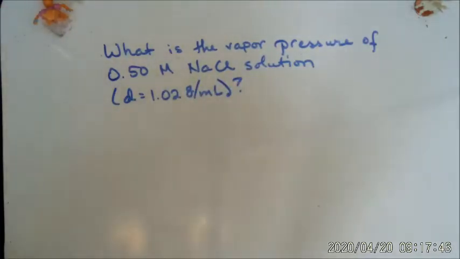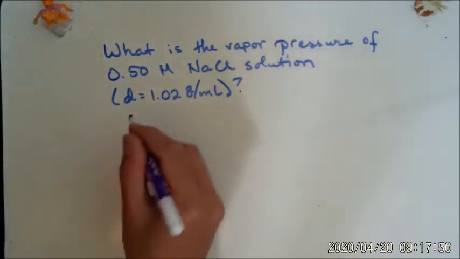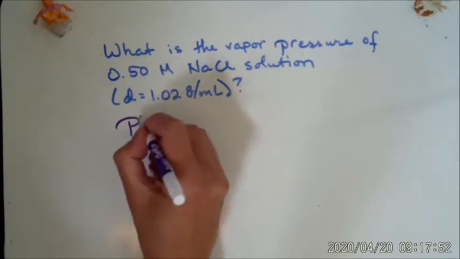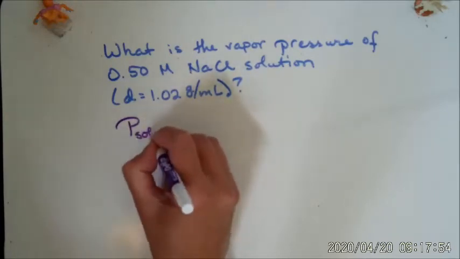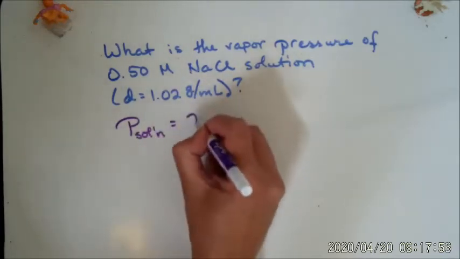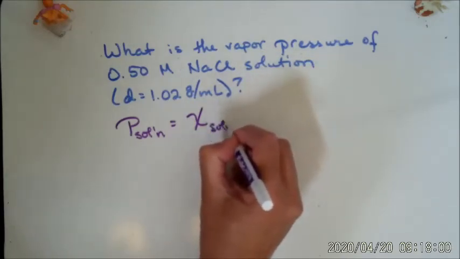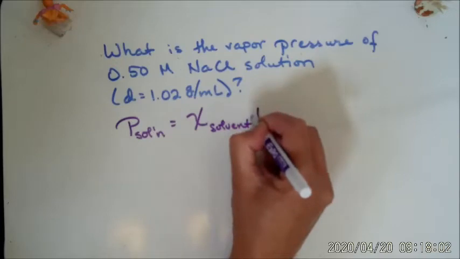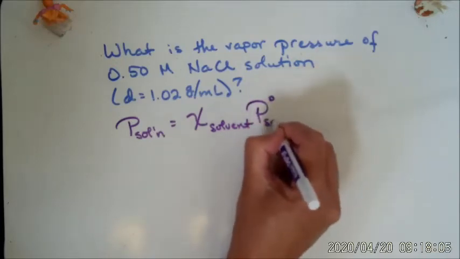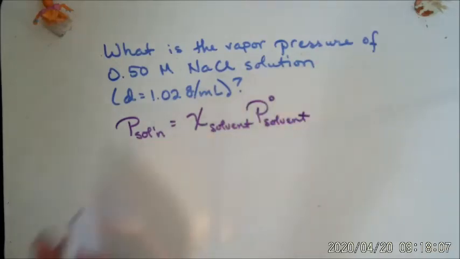Okay, and density of the solution is equal to 1.02 grams per milliliter. Okay, so now that we have that, let's go ahead and take a look. The vapor pressure of my solution is equal to the mole fraction of my solvent times the vapor pressure of my solvent. And you're going to need some information here.